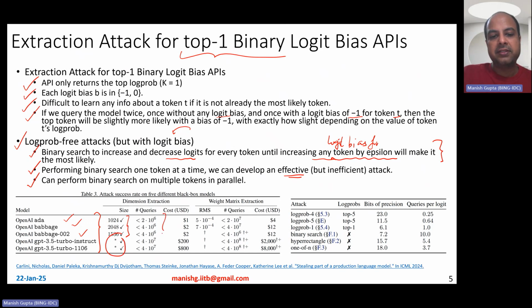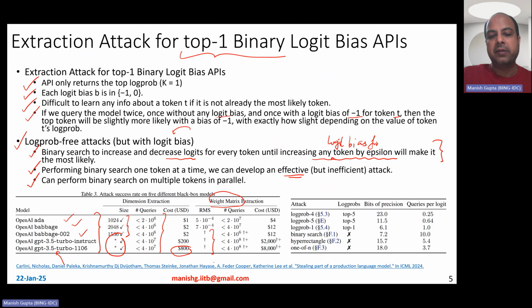They had to use several queries to get these hidden dimensionality values. But overall, even for the largest models like 3.5 Turbo 1106, they required about $800 worth of LLM calls to figure this out. Okay. They were also able to gather the weight matrices. These are estimates.